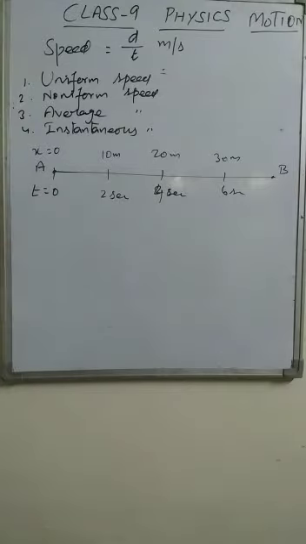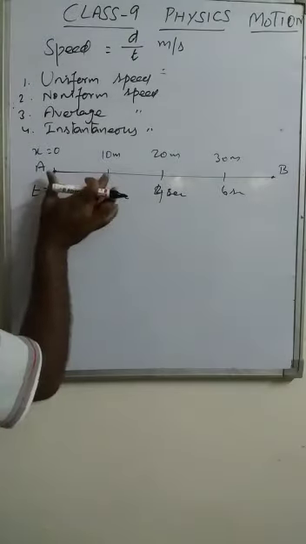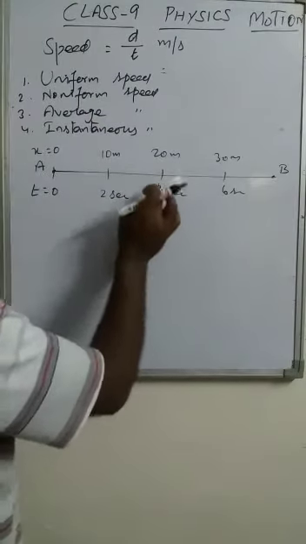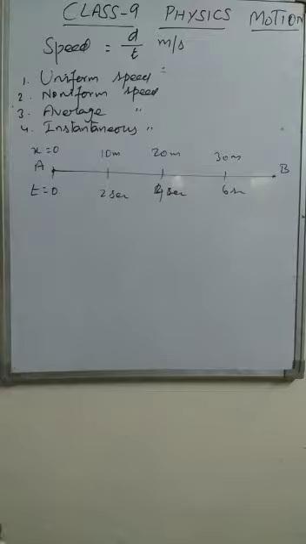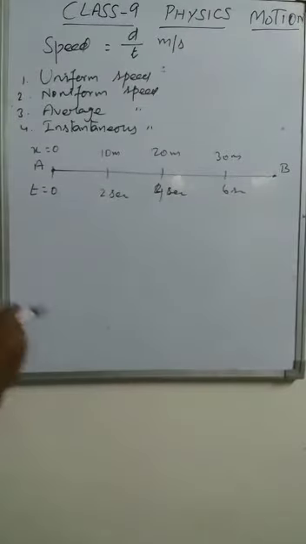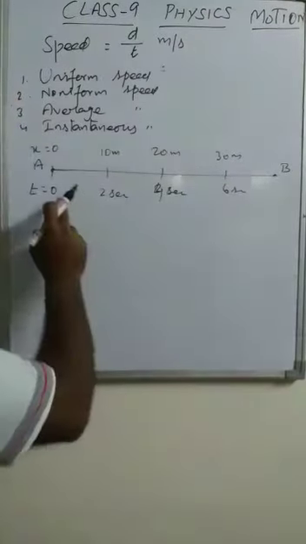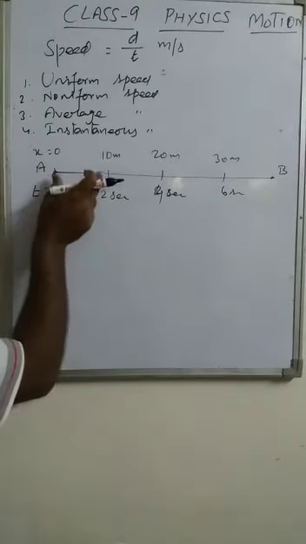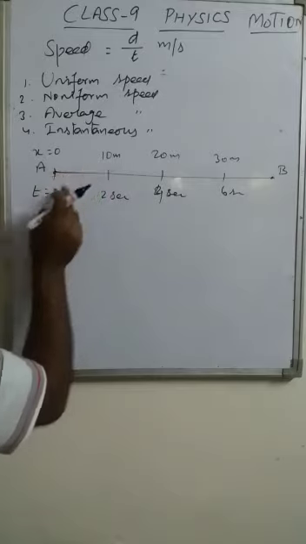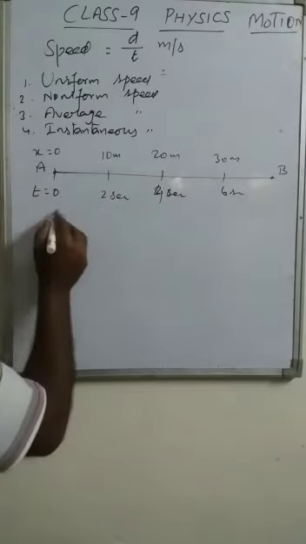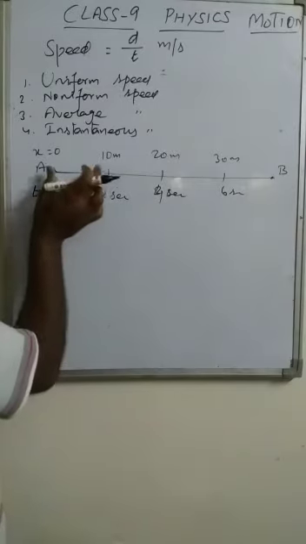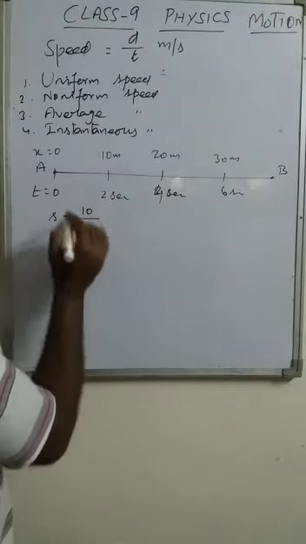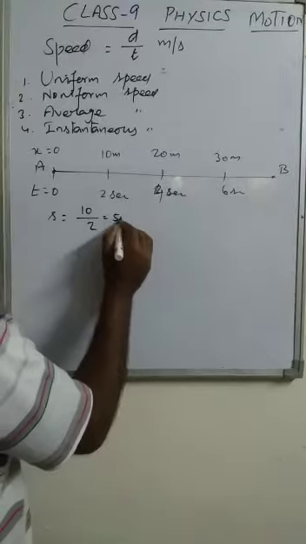Here if we calculate the speed during any interval, for example between 0 and 2 seconds, the speed is equal to the distance, 10 meter, upon time, 2 seconds, that is 5 meter per second.